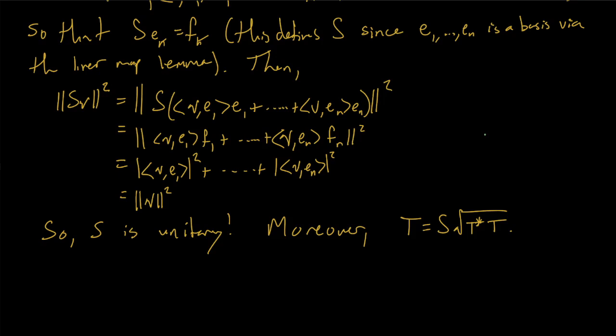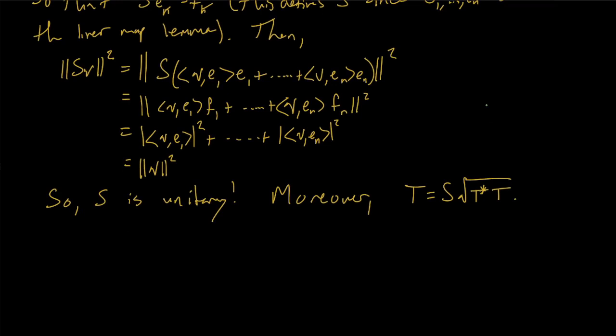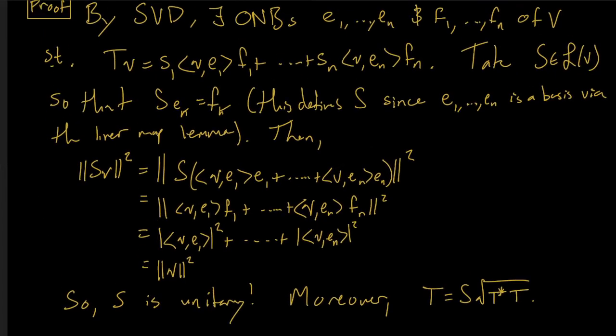I don't want to take some horribly long diversion right here to show you this, but if you don't believe it, just look at what T does. T takes v to s1 <v, e1> f1 plus ... plus sn <v, en> fn. S takes v to <v, e1> f1 through ... <v, en> fn. Right? It's everything except for these singular values, s1 through sn.